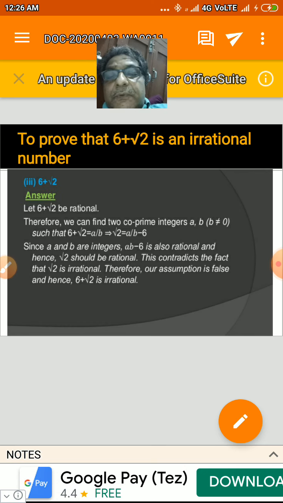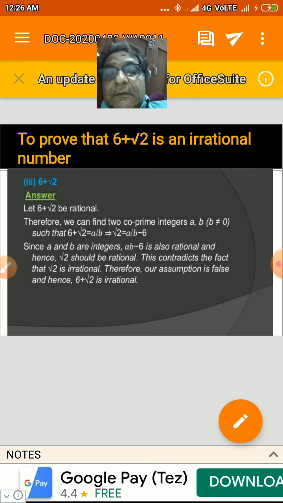So we will suppose that 6 plus root 2 is a rational number, which is equal to a by b, where a and b are integers, b is not 0, and there is no common factor other than 1 between a and b.